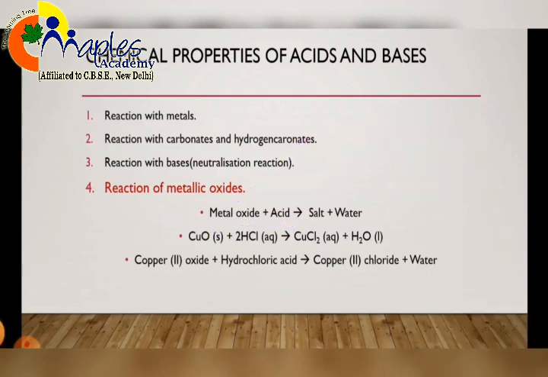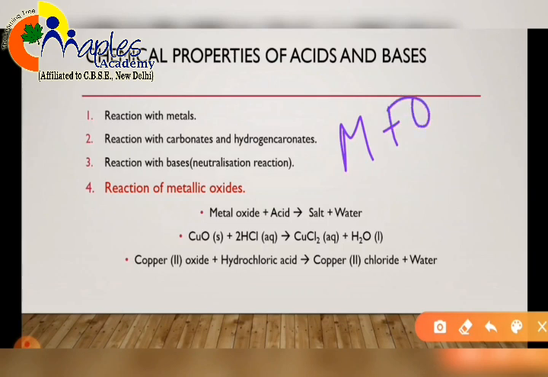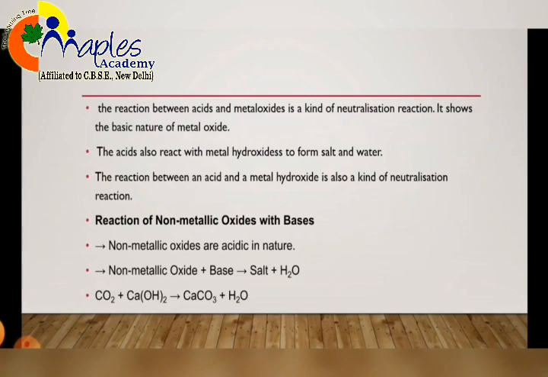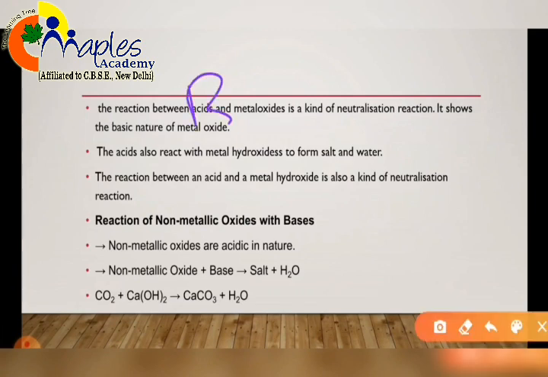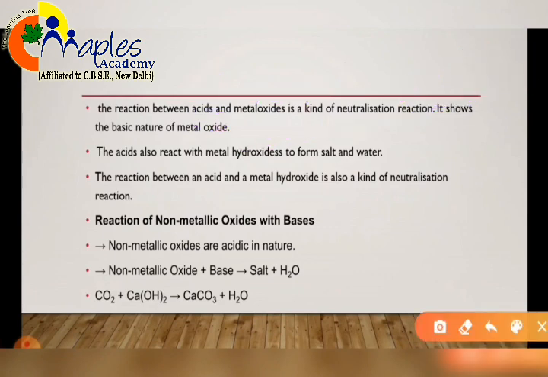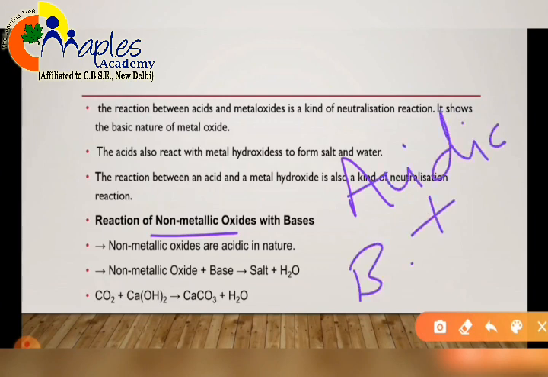Here we have taken an example: when a metal reacts with oxygen, it forms a metallic oxide. For example, CuO is a metallic oxide, HCl is the acid, and the corresponding salt will be CuCl2 and water. Since metallic oxides are basic in nature, they cannot react with a base, so they do not give any reaction with bases. Non-metallic oxides are acidic in nature, so they will react with a base, and it is also a kind of neutralization reaction.